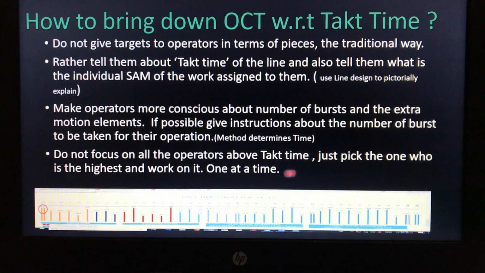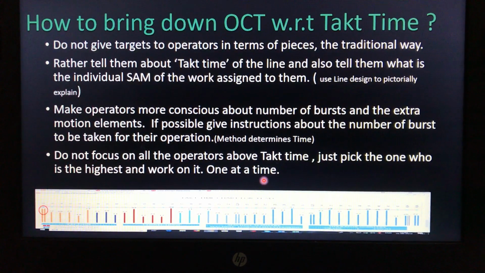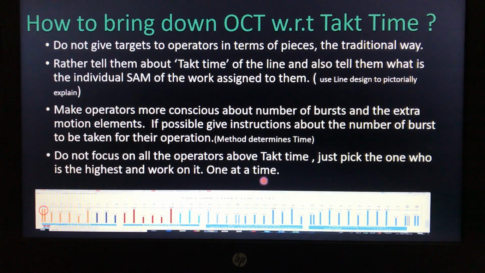So always pick one at a time and work on their OCTs by minimizing or eliminating extra motion elements, right? So these are some tips to bring down OCTs against takt time or their own SAM.